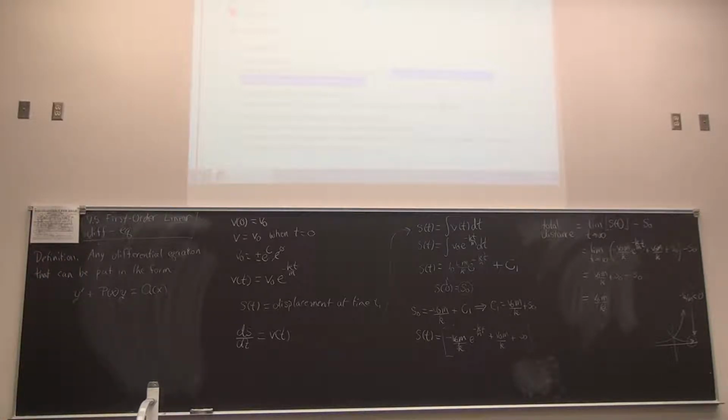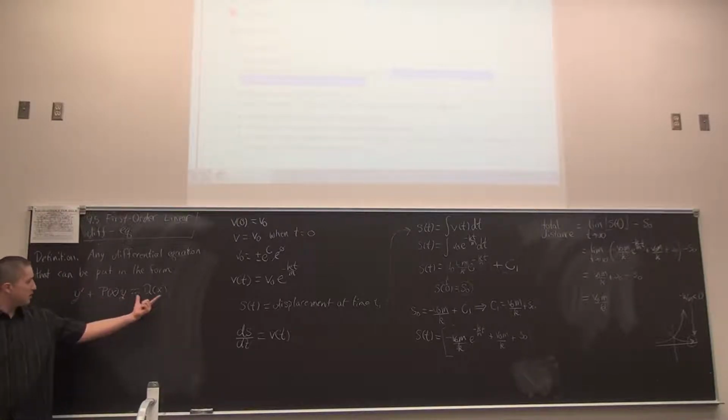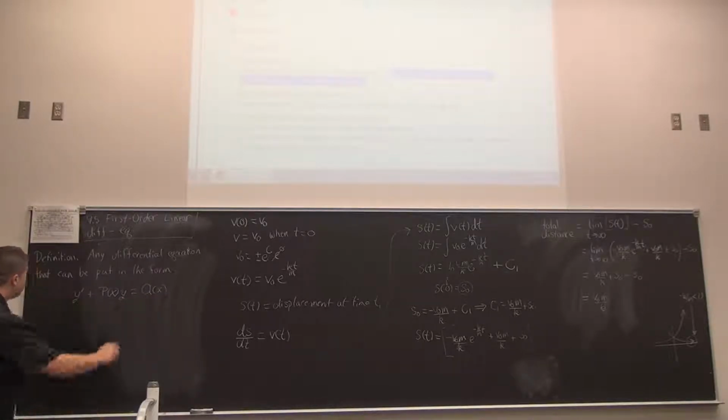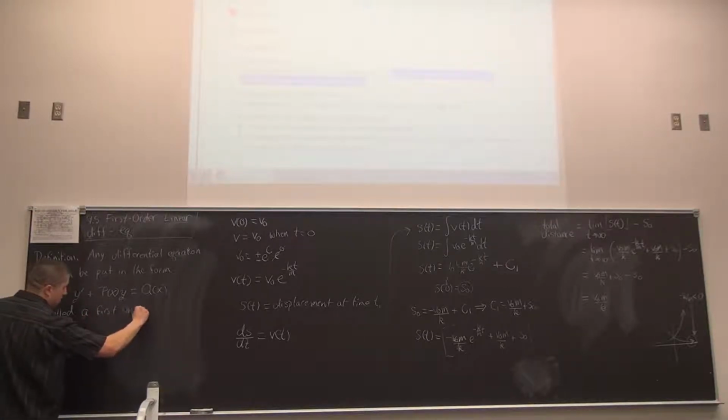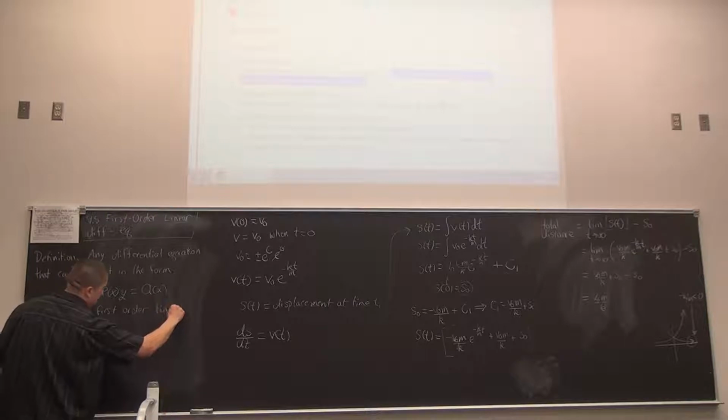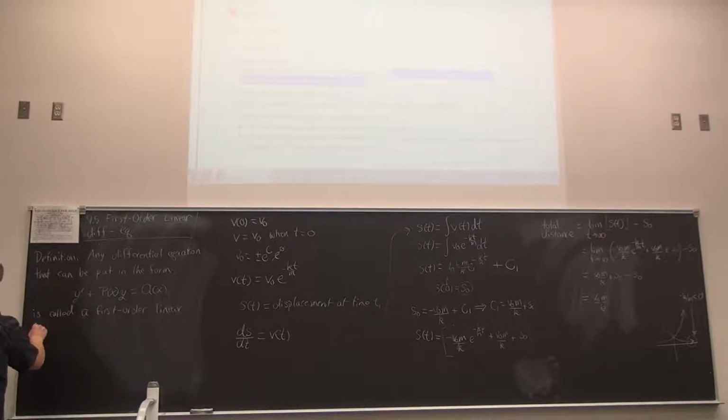The solution will be some function y such that if we take its derivative, plus a function p of x times the same function, it must be equal to some other q of x function we've specified. So any differential equation in this form is called a first order linear differential equation.